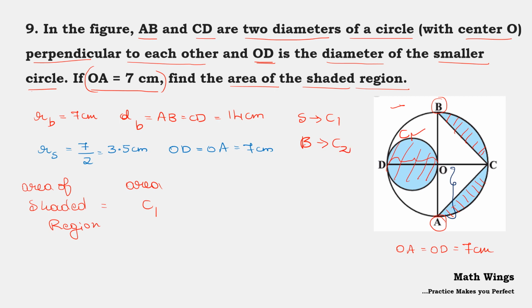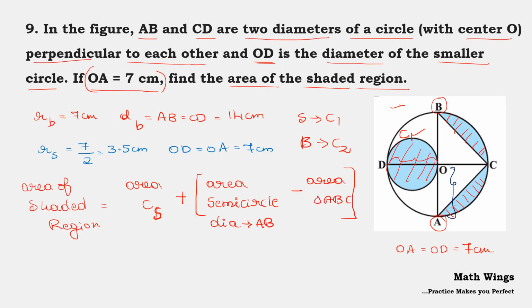Okay, area of circle 1, or I can write area of smaller circle, plus, as I said already, the area of semicircle with the diameter AB minus the area of triangle ABC.